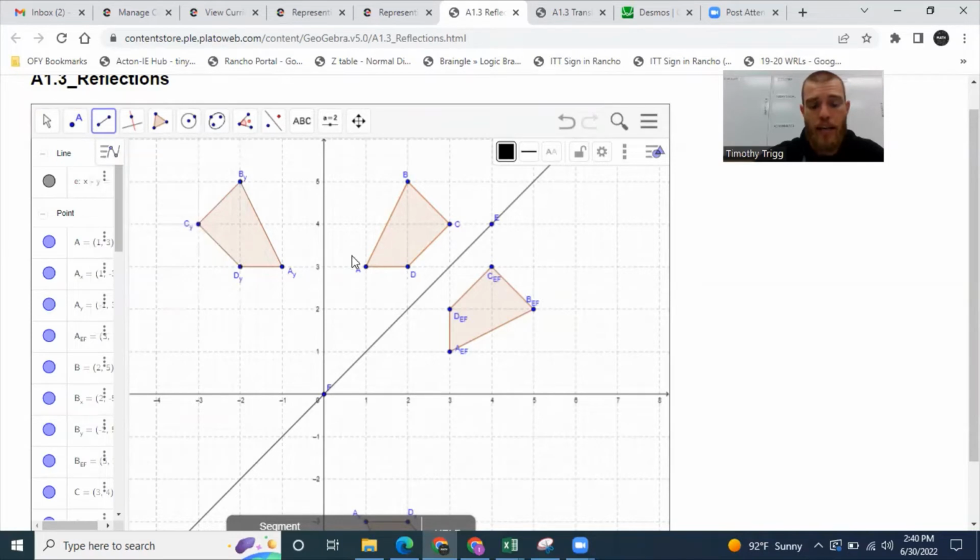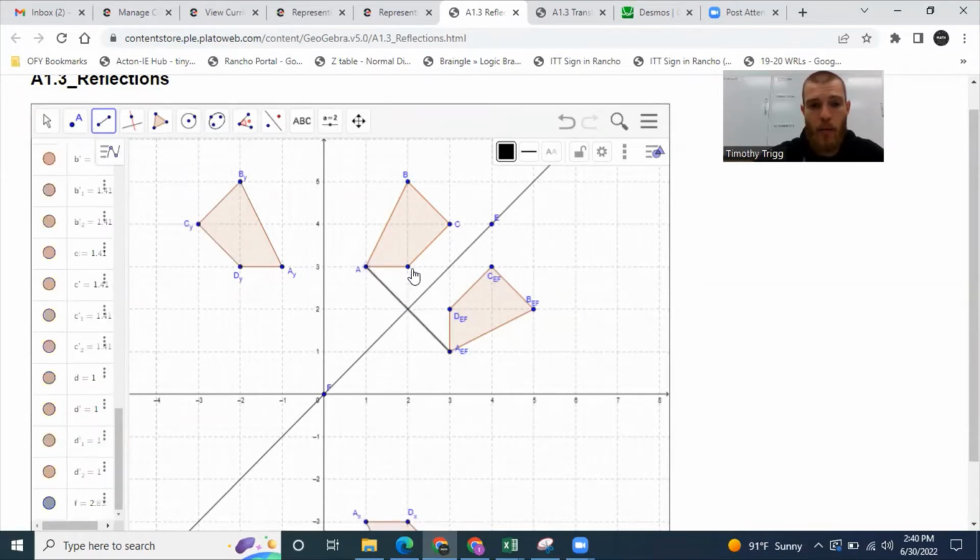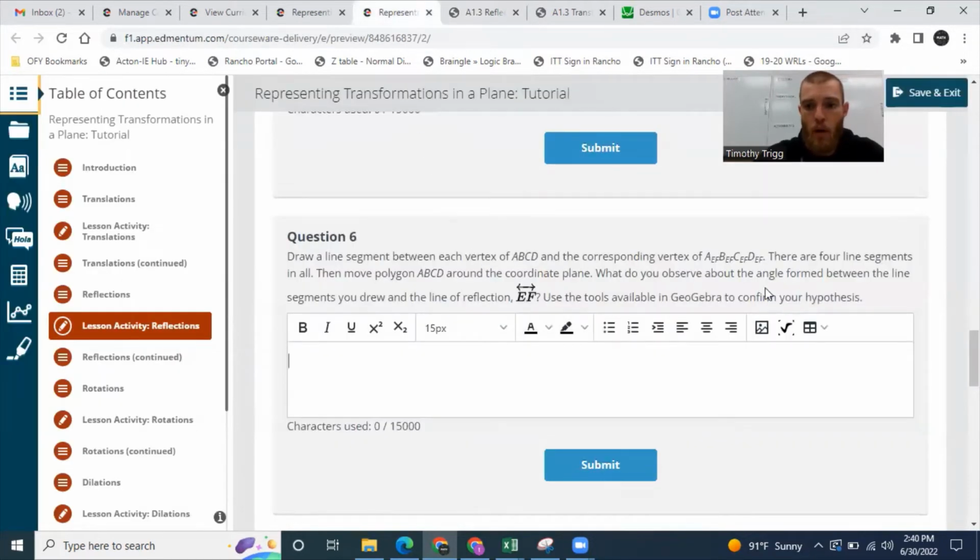And we're going to connect each point A to A sub EF, D, C, and B, each to their corresponding pre-image to image, just like that. Okay, good. There are 4 line segments in all.